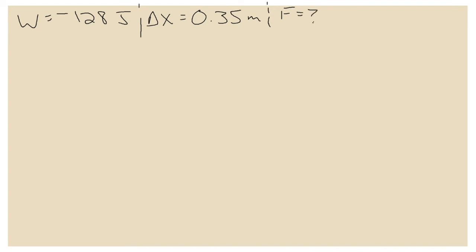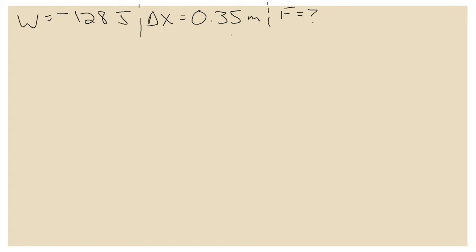Now, there are a couple of ways that you can look at this problem. The first way you could look at it is that you're solving for the magnitude of the force, and you don't have to worry about the angle. Or the second way is you can say the angle is taking care of the direction, but we're just going to ignore that and just solve for the force directly.